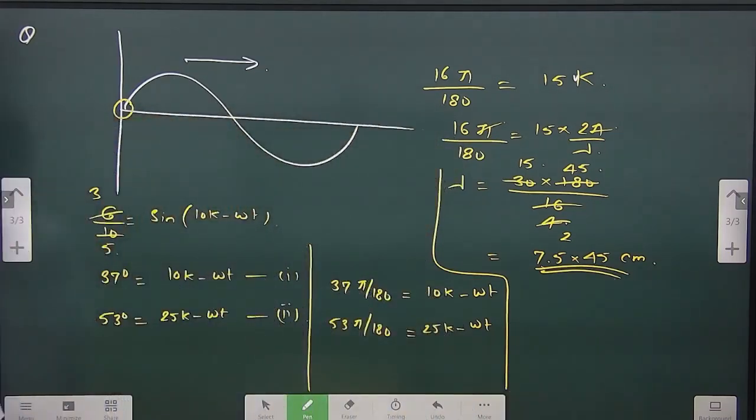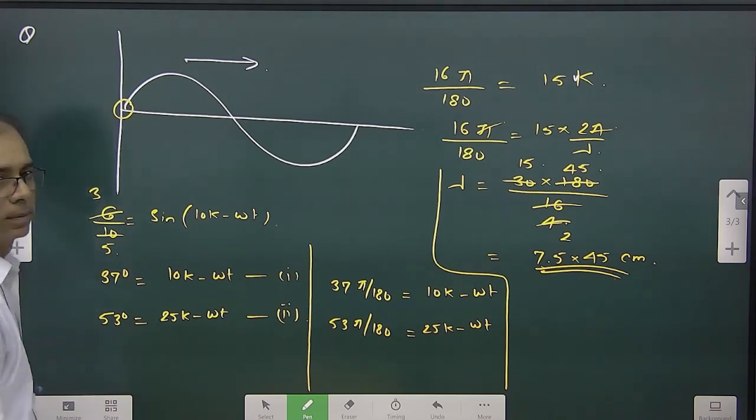Are you getting the same answer? Students, are you getting same answer? Okay. So 45 into 7.5 centimeter, whatever that is. That's our answer.